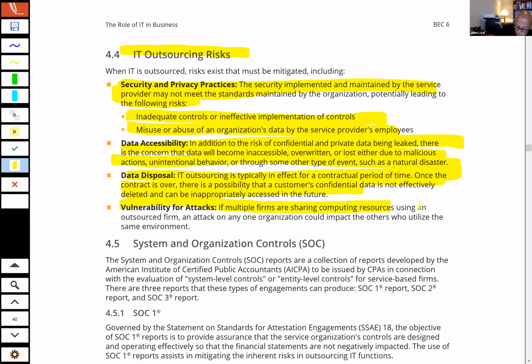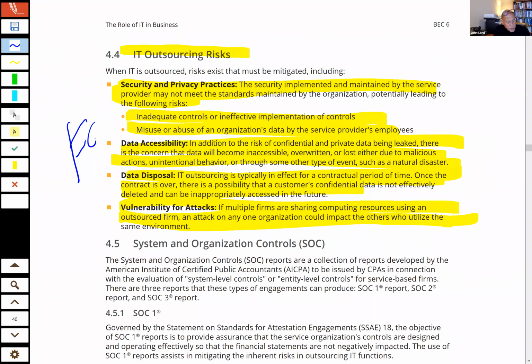Vulnerability to attacks. Again, if they don't have the right kind of controls in place, then there could be some problems there. So flashcard that. But we do have ways around that. And again, we can employ auditors to come in and look at certain aspects of an entity that we're thinking about outsourcing and get some assurance.